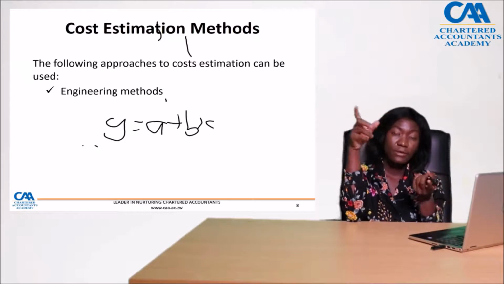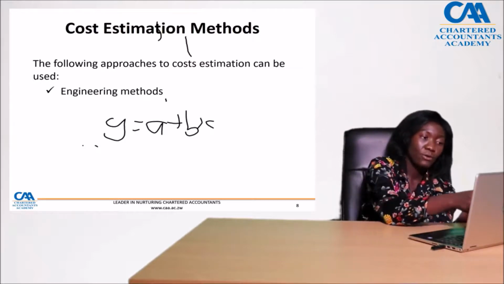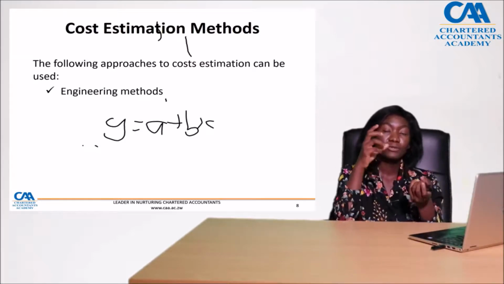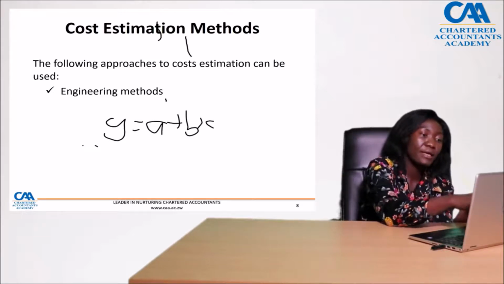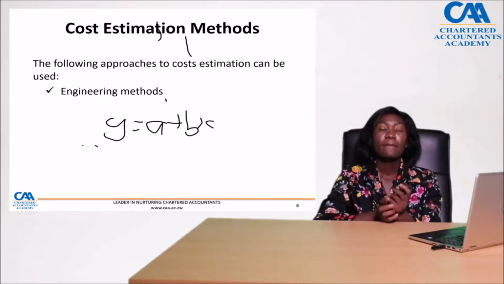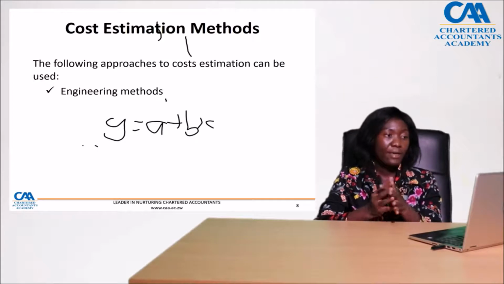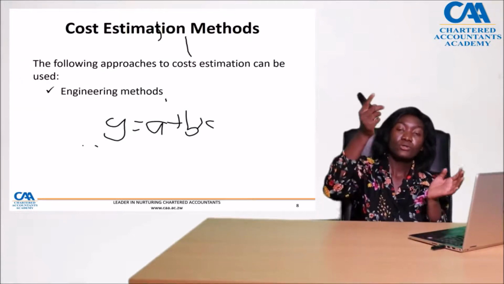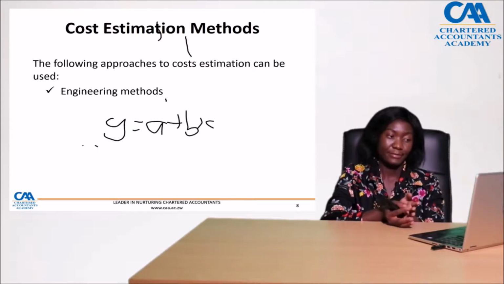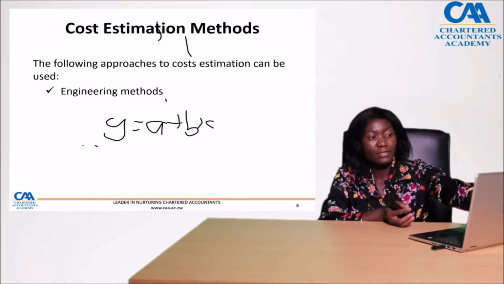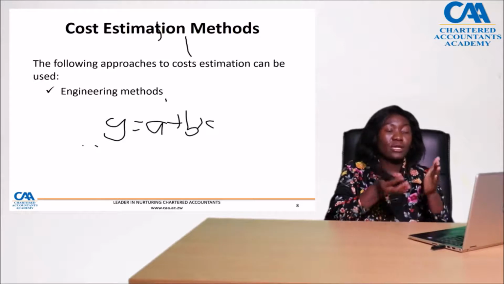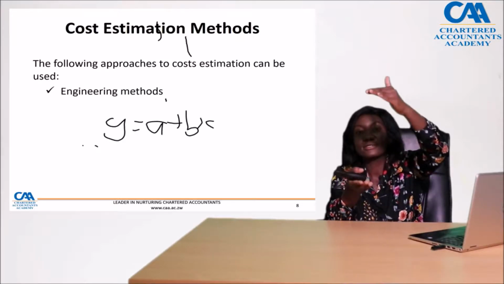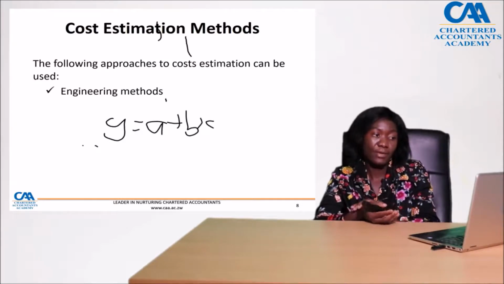Using the same equation, I present it on a graph, and then I can estimate my costs. How can I estimate my costs? We draw a regression line. After the line is drawn, it is then used to estimate the total fixed cost and the variable cost per unit.